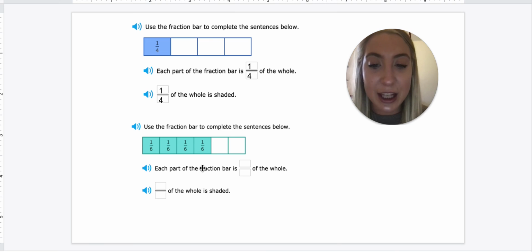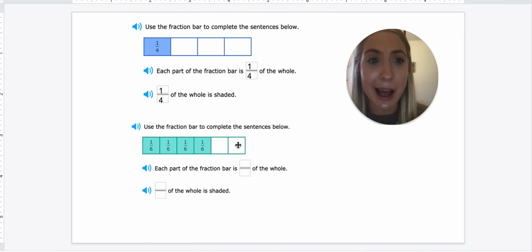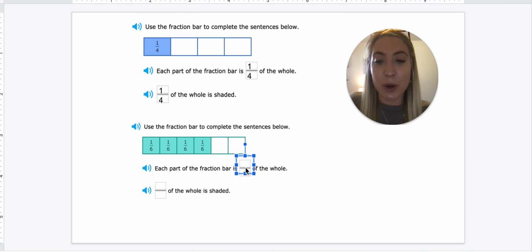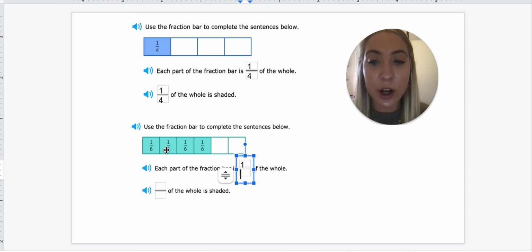So now I'm looking at this fraction bar, and each part of the fraction bar is how much of the whole. So each square is how much of the whole. So that would be 1 square. And then I know my bottom number is always how many equal parts there are. There's 1, 2, 3, 4, 5, 6. 6 equal parts.